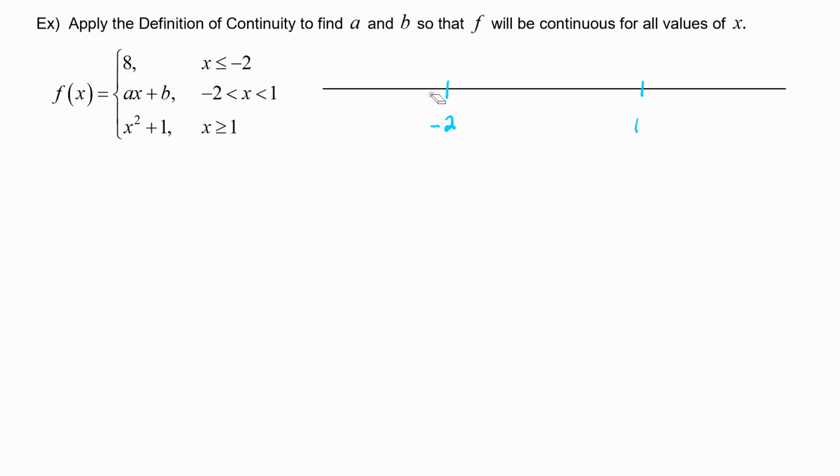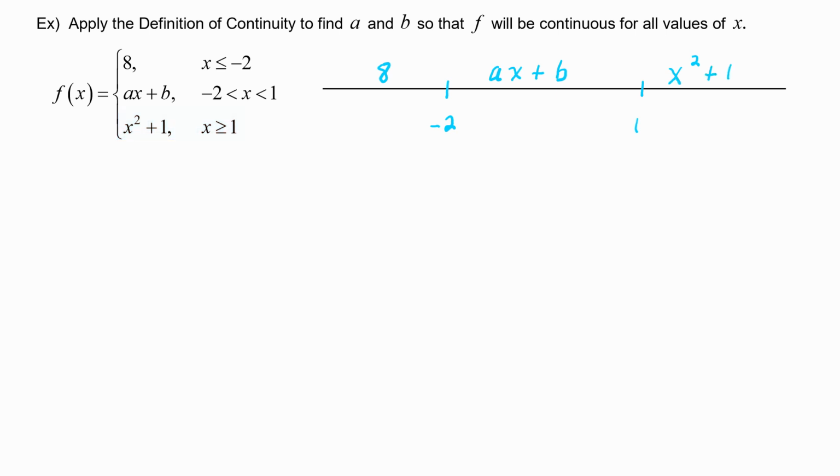For this piece of the function, we see that f of x is going to equal 8. When we are in between -2 and 1, f of x will equal ax plus b. And when we are greater than or equal to 1, f of x will be x squared plus 1.